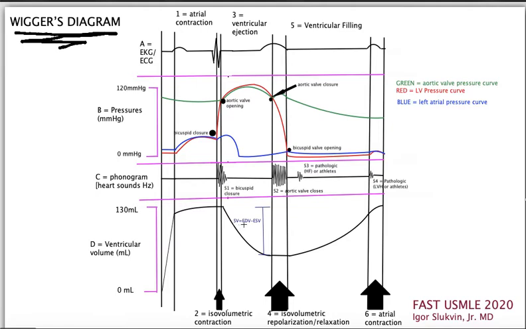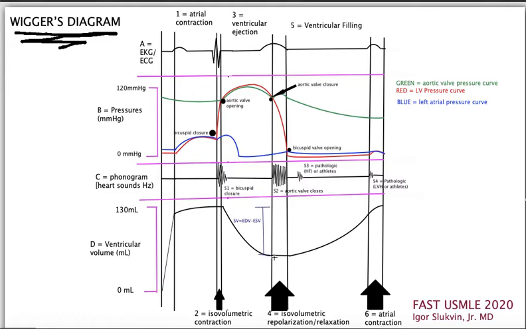Stroke volume, by the way, is end diastolic volume minus end systolic volume. So if you have 130 mils in the left ventricle, and during the ventricular ejection phase, you get down to about here, your stroke volume will be about 60 mils.